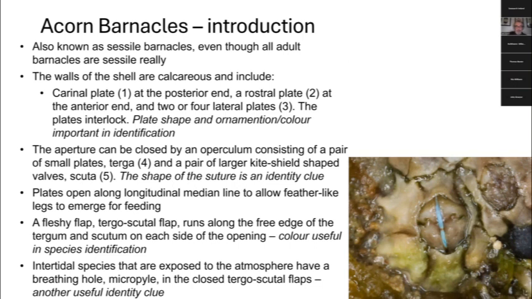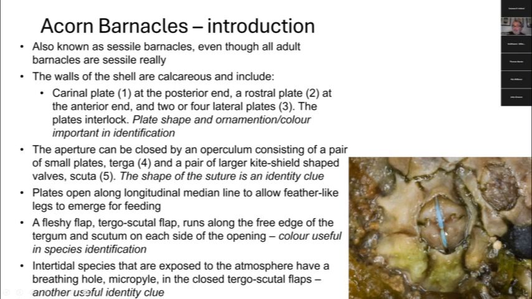Now, the intertidal species that are exposed to the atmosphere through the tidal cycle have a little breathing hole called a micropyle. I don't know if you can see the arrow on my screen, but the shell is starting to open, and this is the gap opening between the two sides of the operculum. These rather nice blue structures are the tergoscutal flaps.